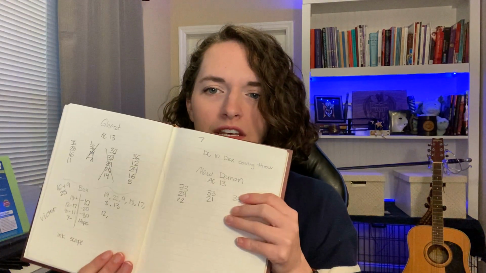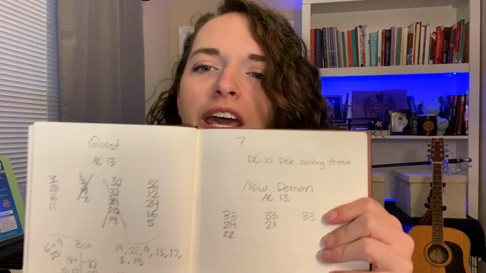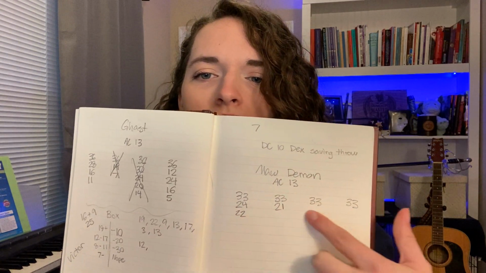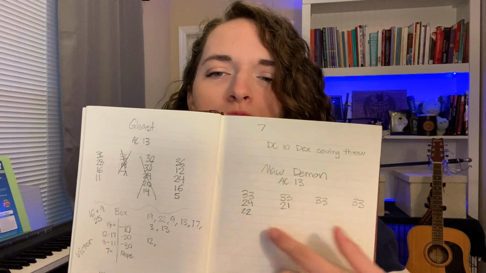I generally keep a notebook for each of my campaigns, and I will jot down the AC and the health, and keep track of that during the encounter, and I do that for all of my monsters, just quick and easy.